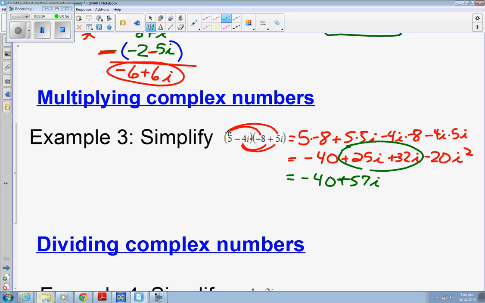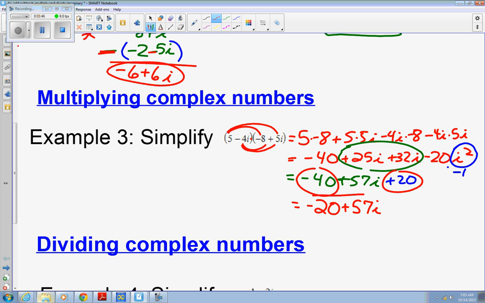And then we do have to be careful here. Remember that anytime you have an i squared, that is equivalent to -1. So we have -20 times -1, which is positive 20. So let's keep looking here. We have like terms again. -40 plus 20 is -20. Plus 57i, and we no longer have any like terms. This is our final answer.